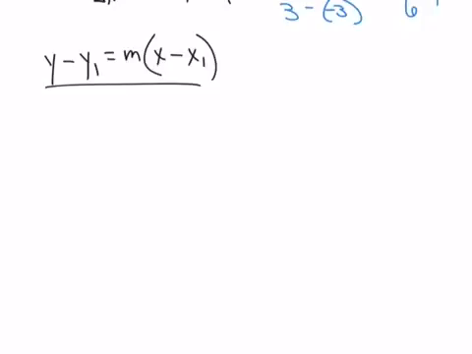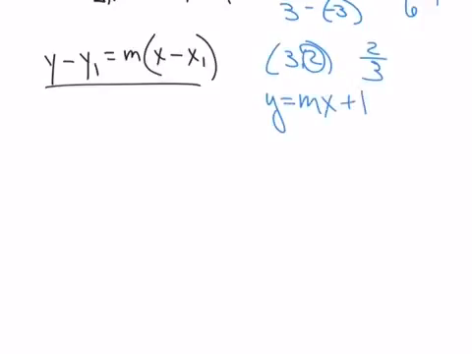So maybe for one of the equations I gave you a point and said the line goes through there and the slope is 2/3. Write the equation. And you had to put this in for your y and this in for your x, the 2/3 in for your m, and then that helped you to find your b.